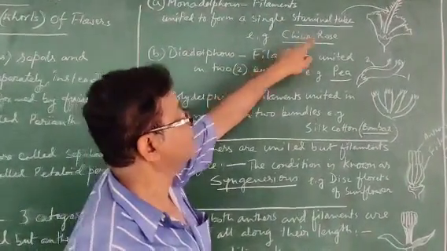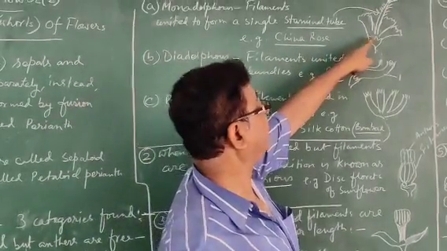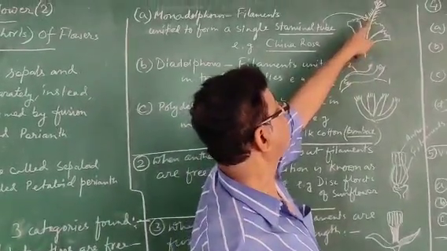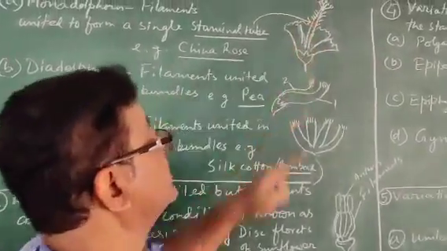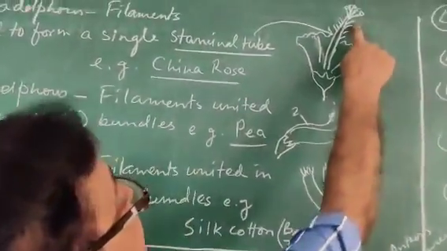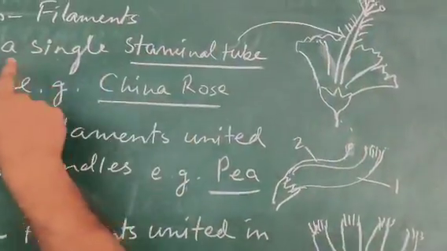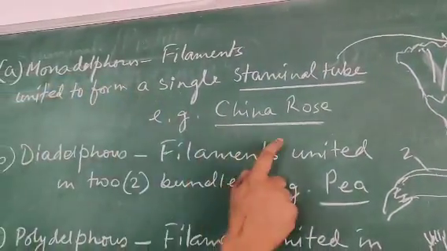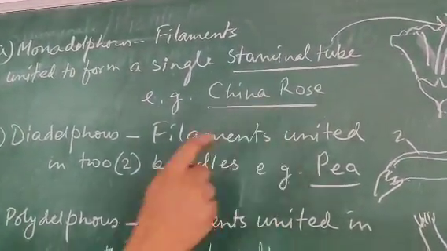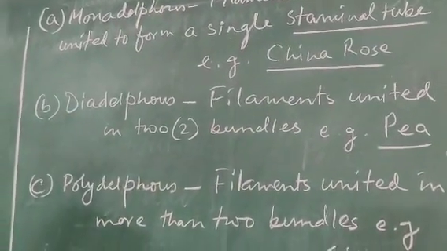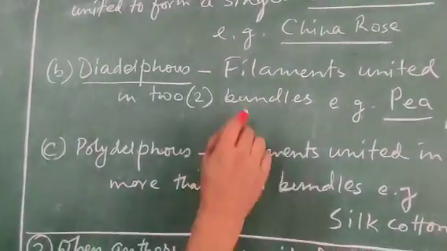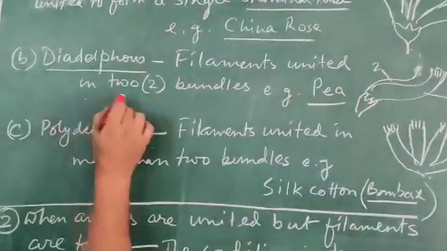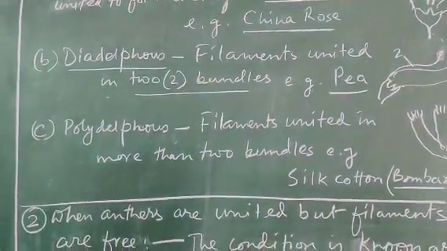Example, China rose. Look at the diagram. The red colored central tube that you can see is the staminal tube where filaments are fused, but the anthers are free over there. This is called monadelphous condition. There is also another case which is called diadelphous condition, where filaments are united to form two bundles.